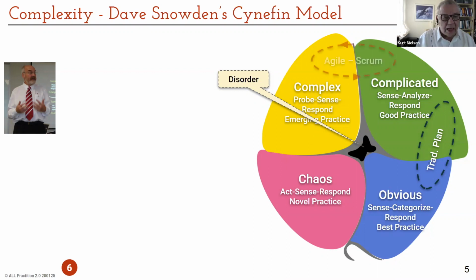Whereas the agile methodologies and Scrum are up here in the border territory between complex and complicated, where we iterate backwards and forwards, taking some of the complex, trying to get enough sense of it that we can push it across the border and actually into a sprint and do something about it and deliver results.